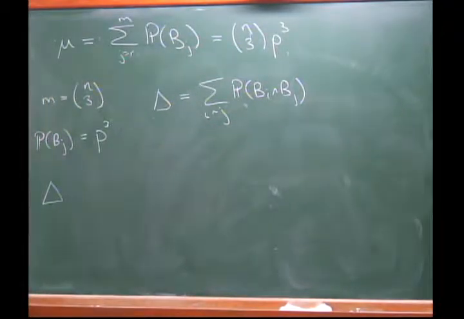So if they're different, the only way they intersect is if they share an edge. Right? Because remember that the set is a set of edges. Okay. So this is Ai, and this is Aj. So I just want to sum over these things. Well, what's the probability of Bi intersect Bj in this case? Well, it's 1, 2, 3, 4, 5, p to the 5.